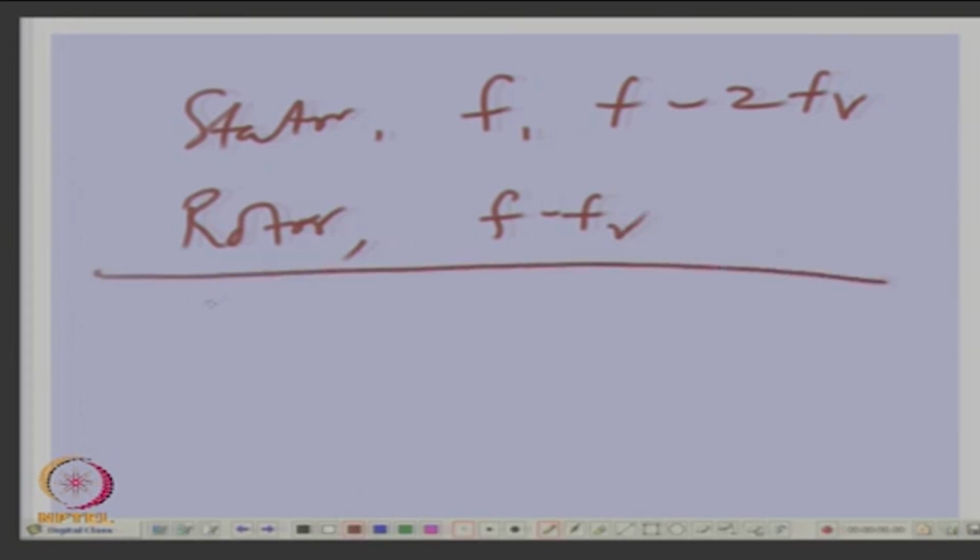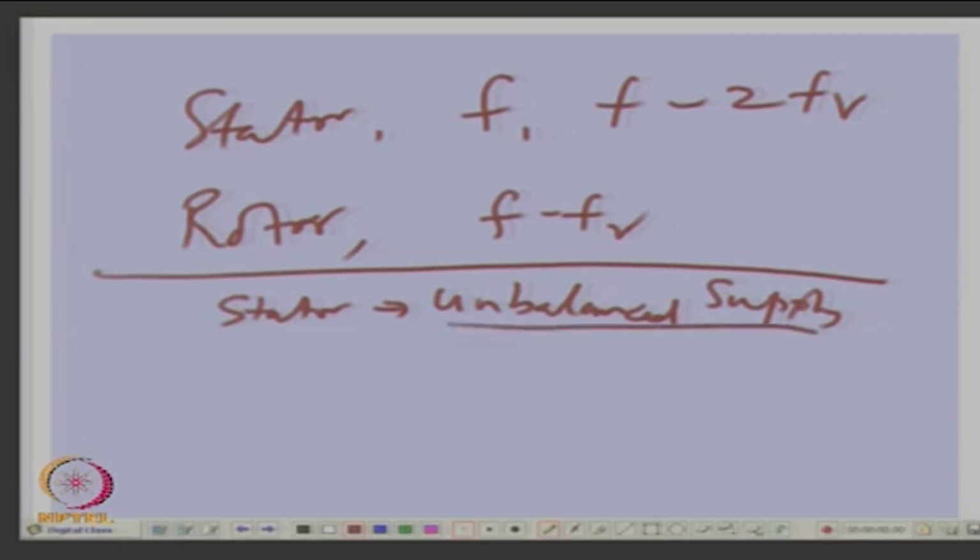Now, supposing the stator has an unbalanced supply, what will happen? Somehow your stator winding is symmetrical, the supply is unbalanced, then what will happen? What type of fields will it create now?